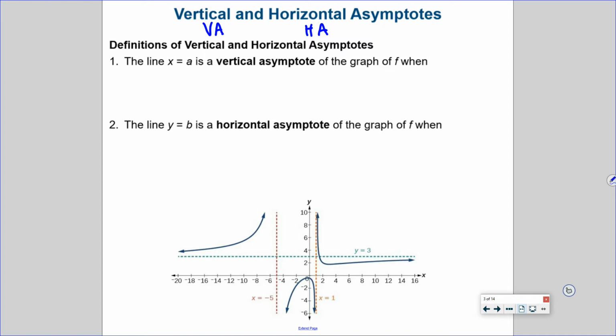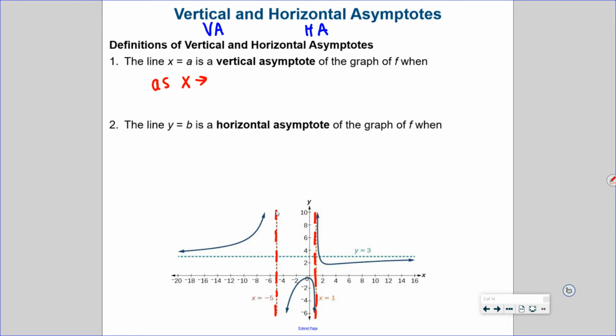If I have a vertical line that's an asymptote, and I gave you this little example picture. So obviously vertical lines going this way. I have one here at -5 and at 1. What's happening is as our x values are approaching those asymptotes, so that little arrow in math we read as approaching.